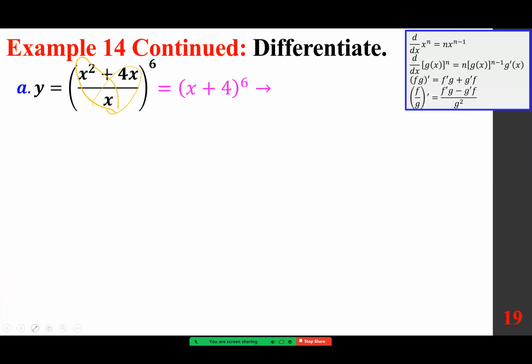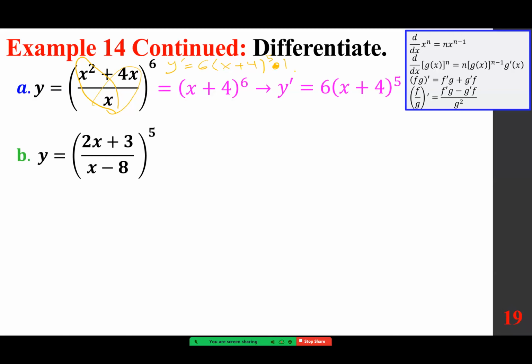Let me just write it for you. So this becomes 6 times x plus 4 to the power of 6 minus 1 or 5 times the derivative of the inside is 1. Therefore, this is your final answer.